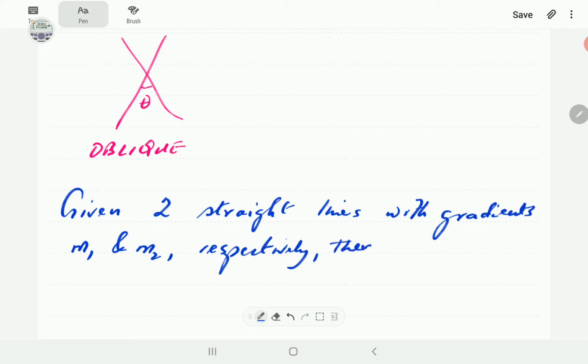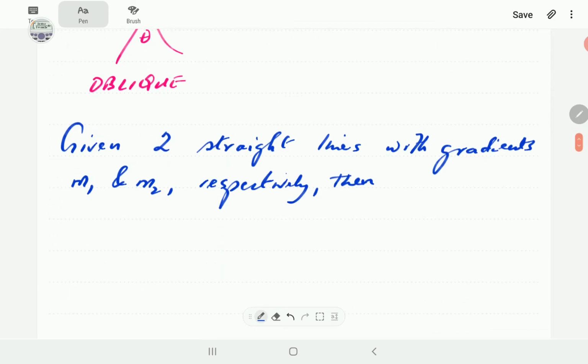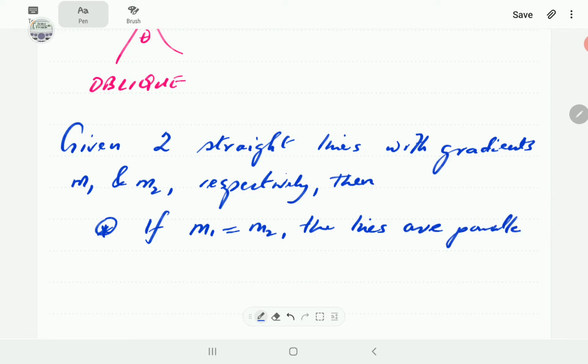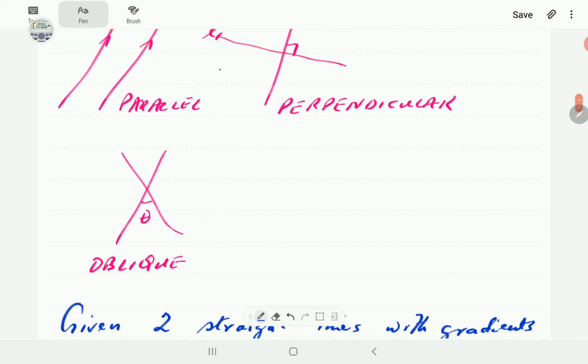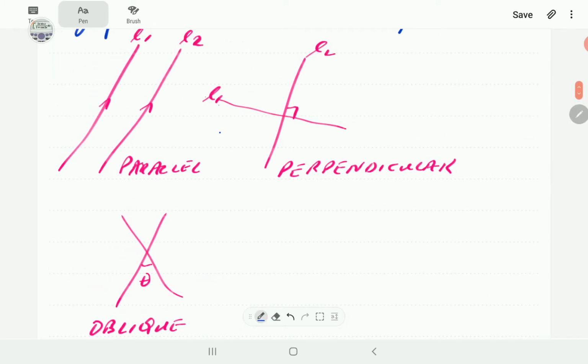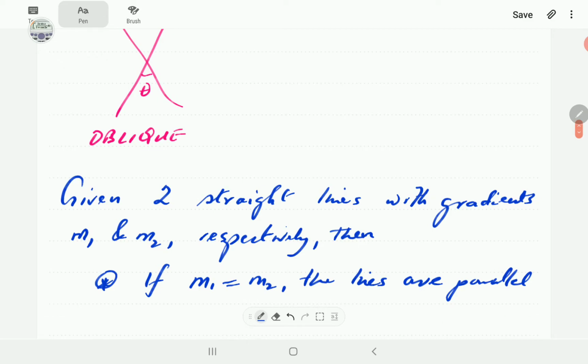Then if m1 is equal to m2, then the lines are parallel. Like in this case, you can see that the lines are going to have the same gradient.